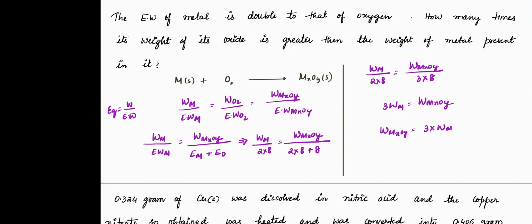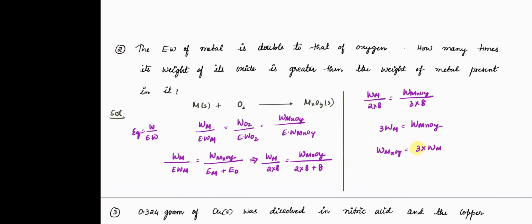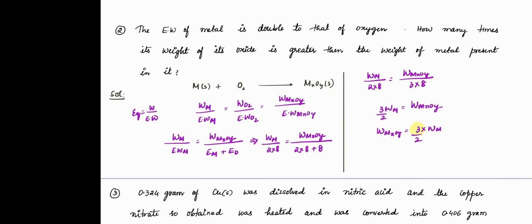So 3 is your answer. Sorry, not 3, 3 by 2. 2 was also there. 3 by 2 is the answer. If you're finished, please check it out, write it on your own. Let me know if you have a doubt.